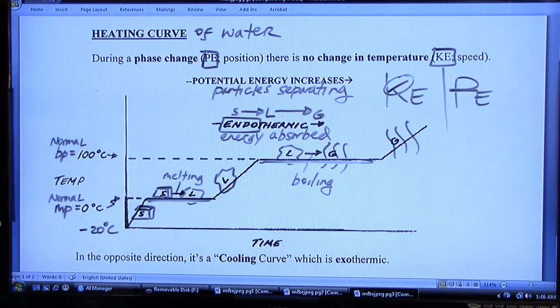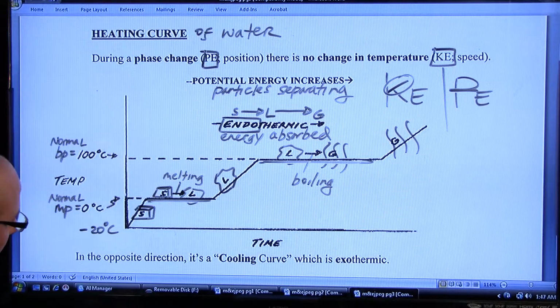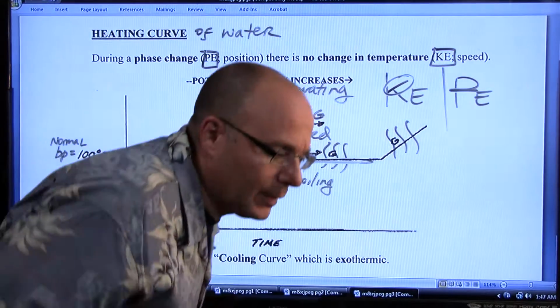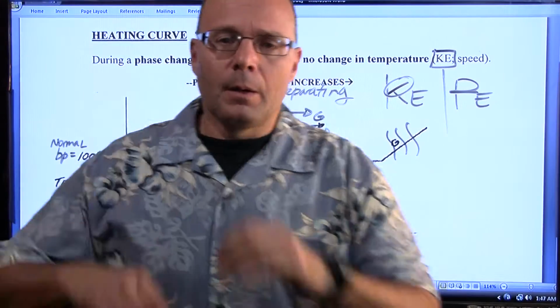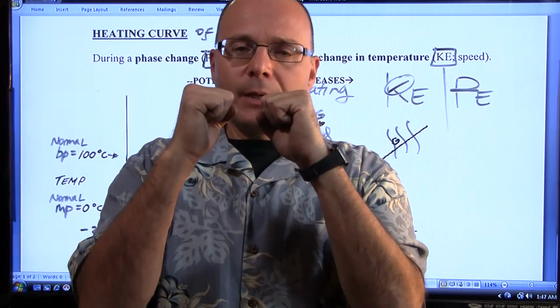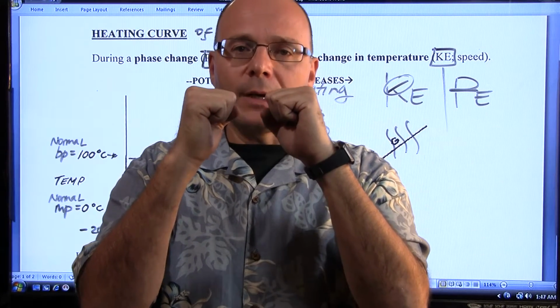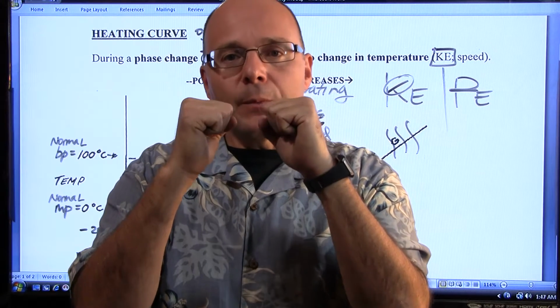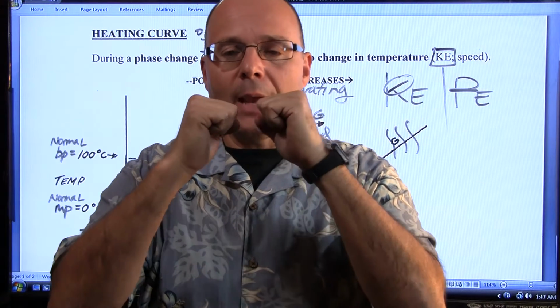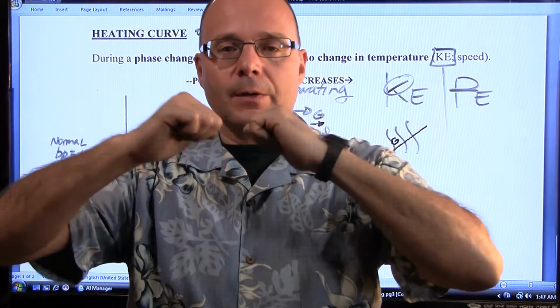Now, this might help you to remember what's going on with the particles so you can distinguish particles separating position versus changing in speed. So let's do a little human video. Let's say my hands represent, in this case, the molecules in a block of ice at -20. As we go from -20 to 0, what happens is the particles start to move faster.